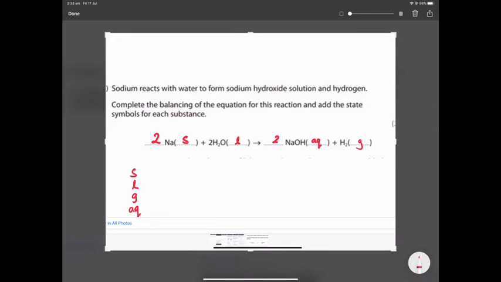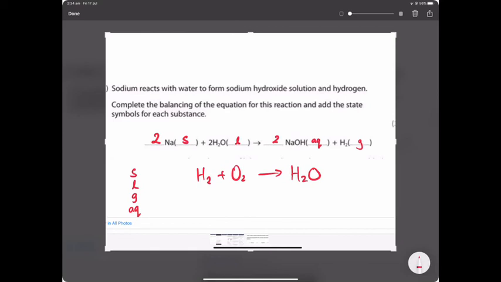Another thing which is worth mentioning is that sometimes, depending on the situation, the state symbols can change. For example, water is usually a liquid, okay? But in the reaction between hydrogen and oxygen, which are used as rocket fuel, by the way, there's an explosive reaction, highly exothermic, to produce water.